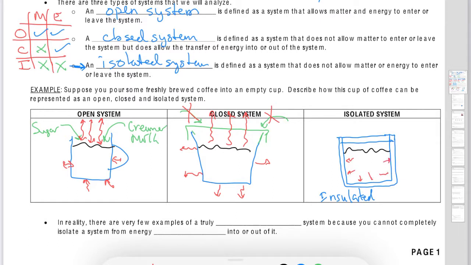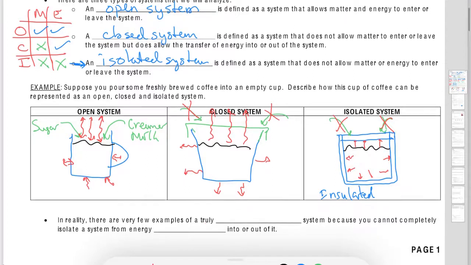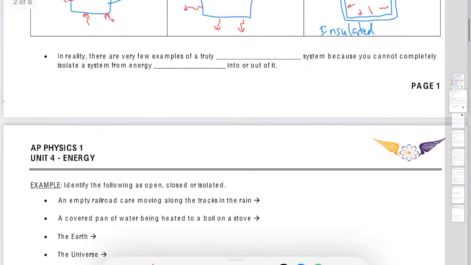Same thing at the lid, as long as it's a nice, tight-fitting seal and the hole is very small or non-existent, if you close it. After I put all my coffee and creamer and sugar in, all that stuff is going to stay in there, and I'm not going to remove the lid. And so that's how a coffee cup can be represented as each one of the systems.